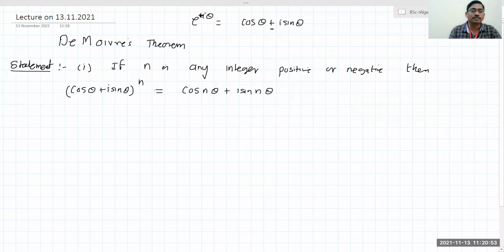Look, the power is just multiplied to the angle, and the real part has to be cos. In fact, it's the e raised to i theta term.